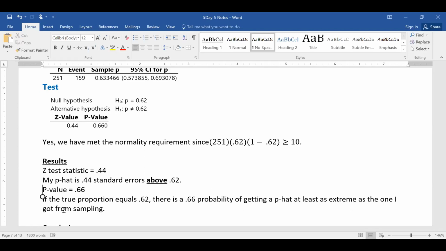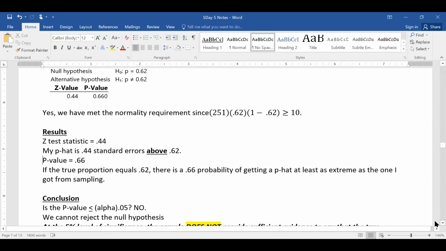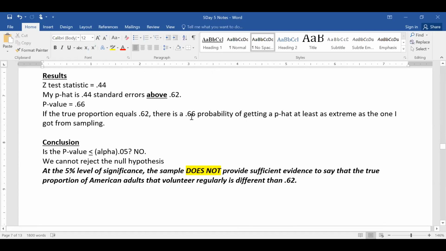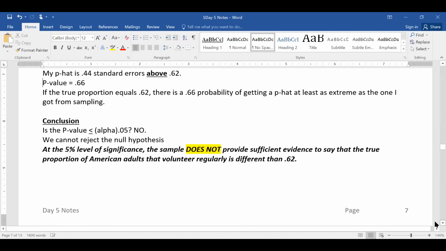If it's probably going to happen again, then the center is probably 0.62. It's really odd to see it greater than 50%, although with a not equal, sometimes that happens. If you had a less than or greater than, it shouldn't really be more than 0.5.